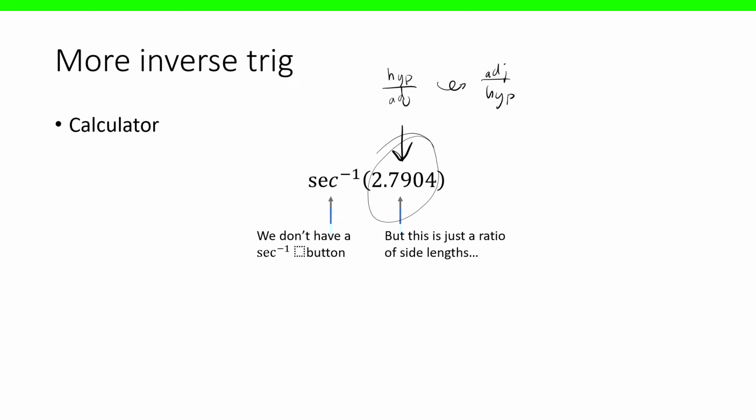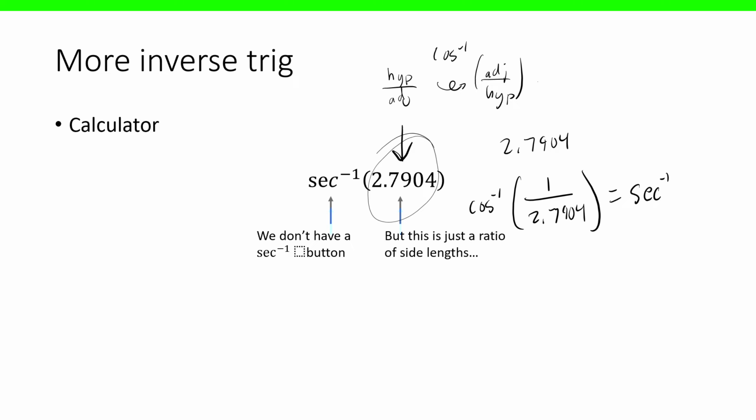Now, this isn't an angle, this is a ratio of sides, but it's the ratio of sides from the same triangle, so it's referencing the same angle, and now I would want cosine inverse of this. Hopefully that made some sense, but basically, instead of 2.7904, I'm going to put 1 divided by 2.7904, and say cosine inverse of this is equal to our original question of 2.7904. So you have to get a little clever, you have to outsmart your calculator here.